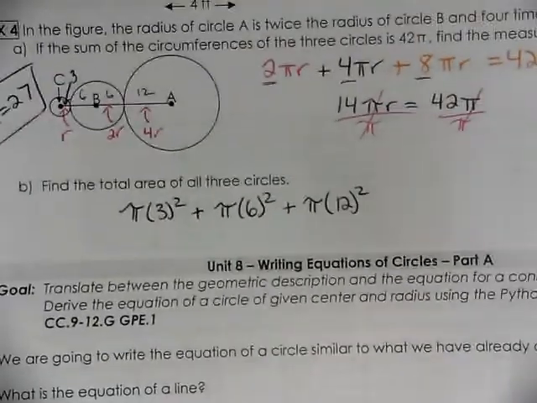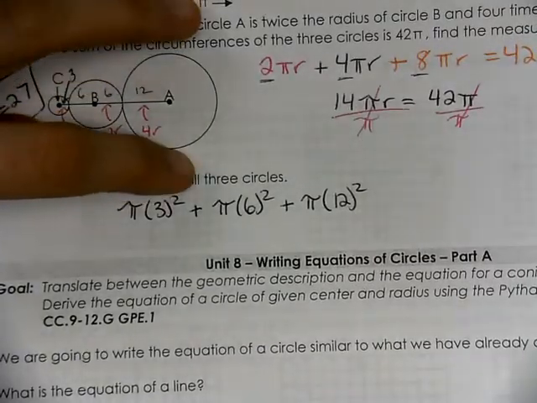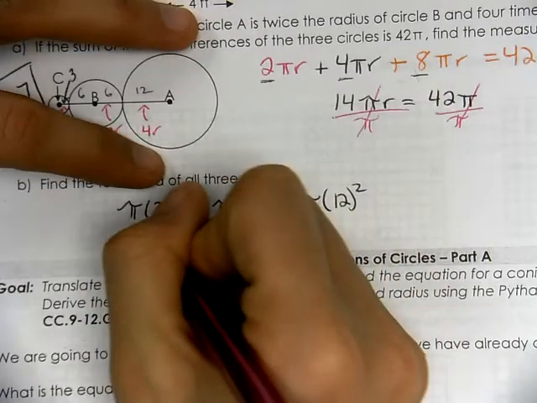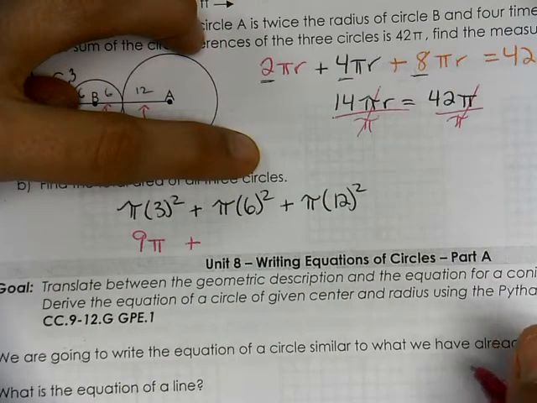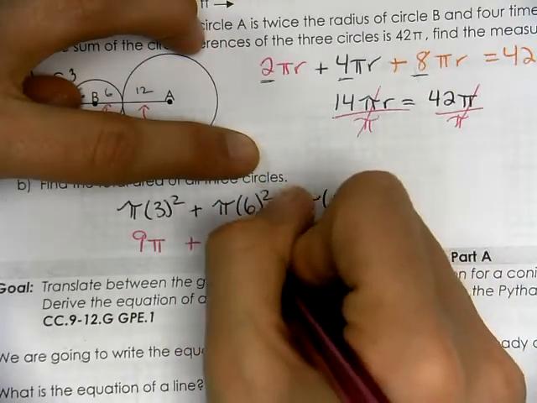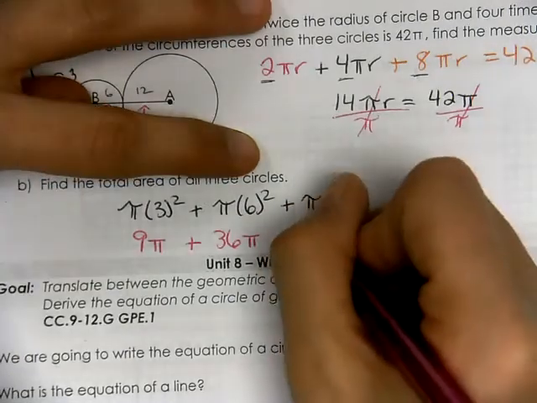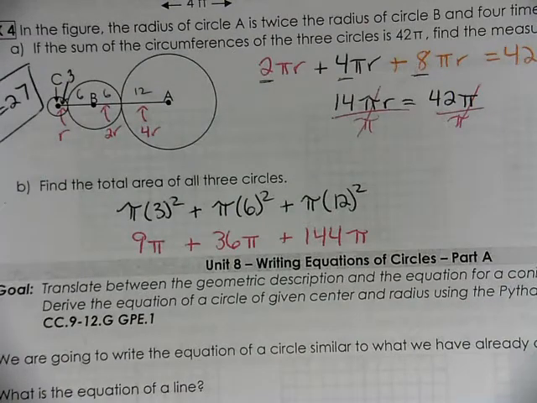If you're trying to add all these together, square the numbers first. What's 3 squared? 9. So we got 9 pi, 6 squared, 12 squared. Okay, so I take all three of those and just add them in my calculator.